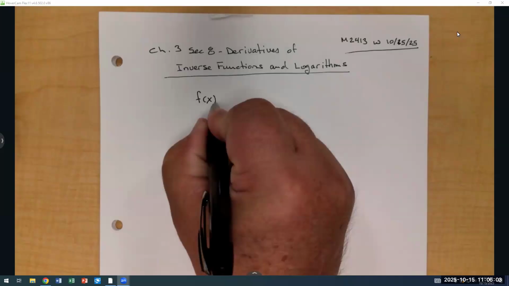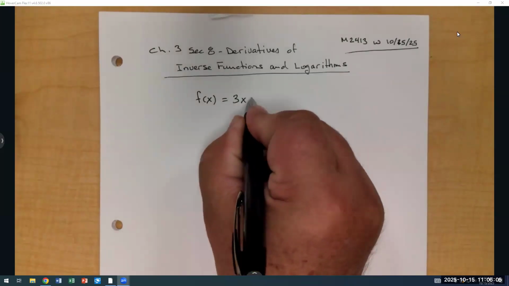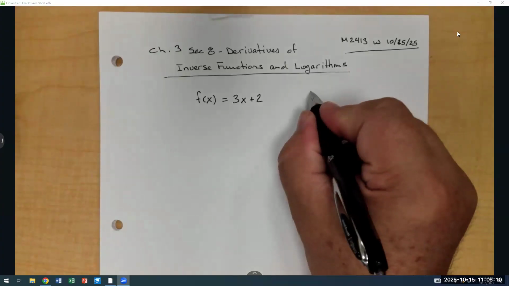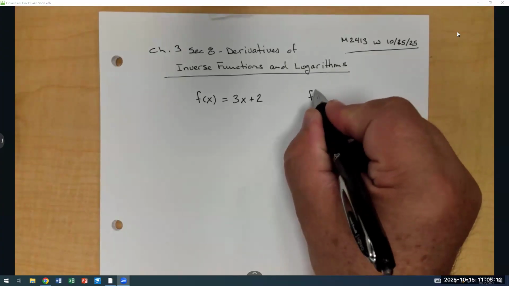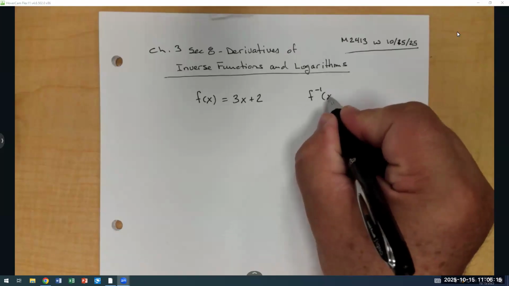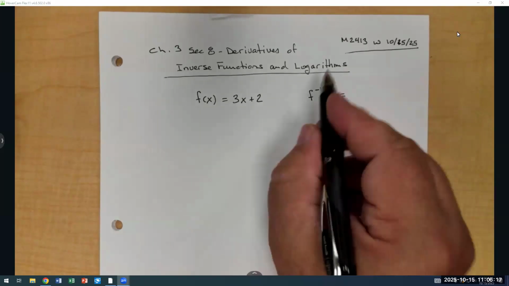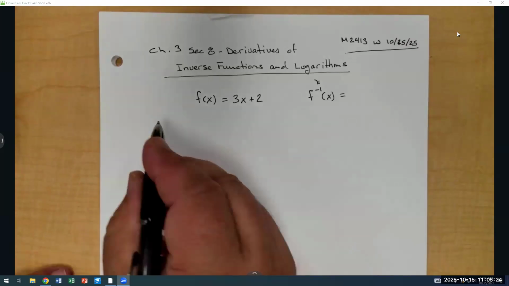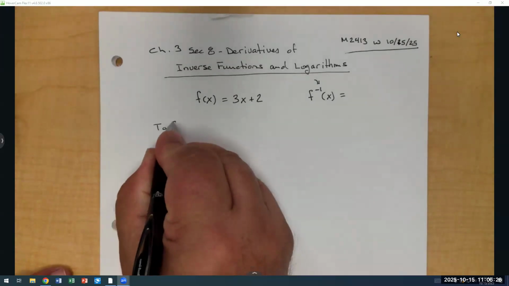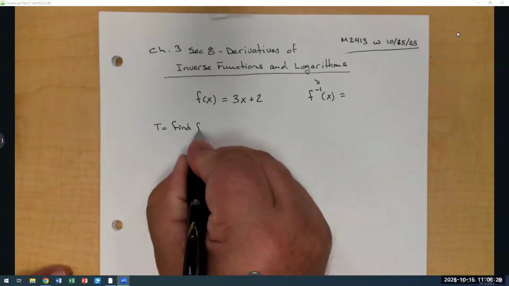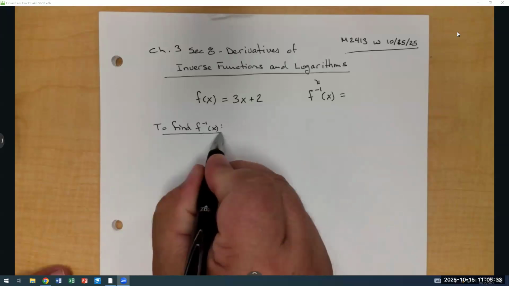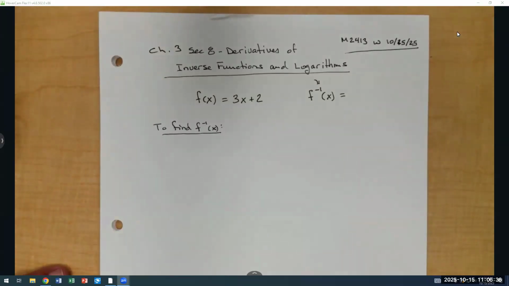If f of x was our function, let's say 3x plus 2, the inverse of that function would be designated with this -1 exponent. Now, to find the inverse, it's only 2 steps.